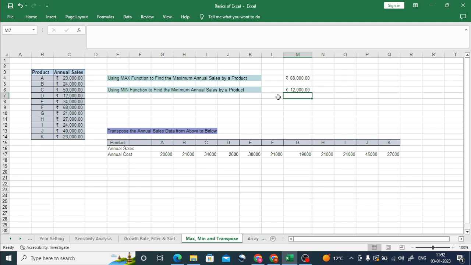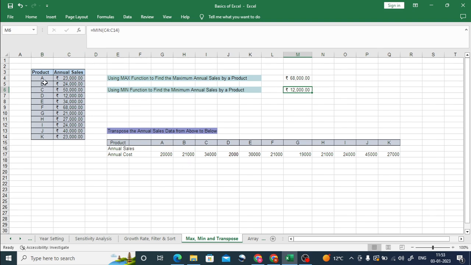You get 12,000. 12,000 being the lowest amount of annual sales registered by one of the products. So this is how you go about finding the maximum. Maximum can be calculated by using the max function, and the minimum, which is being found by using the minimum function.